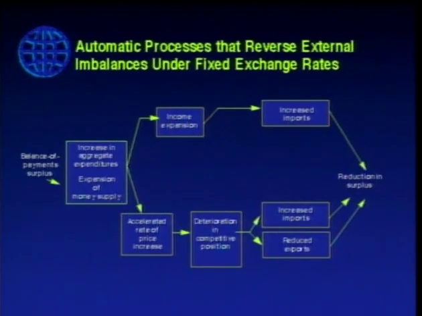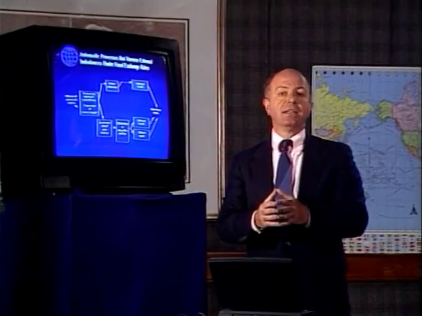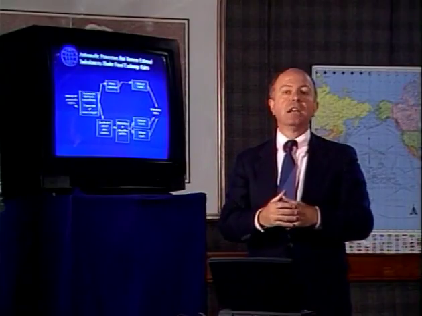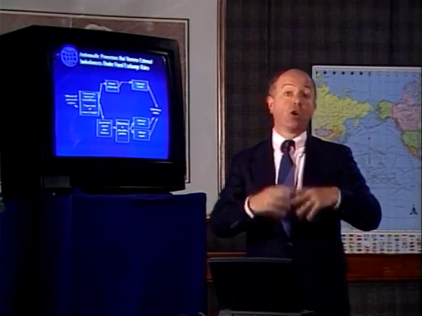So that means an acceleration of inflation in the U.S., which in turn means a deterioration of competitiveness, and that has two effects. It means imports are cheaper now, so more imports are bought, but exports are more expensive, so fewer exports are sold. Those two tend to correct the surplus. Now, it's important to point out that these adjustments in the real world don't always occur quickly or completely.